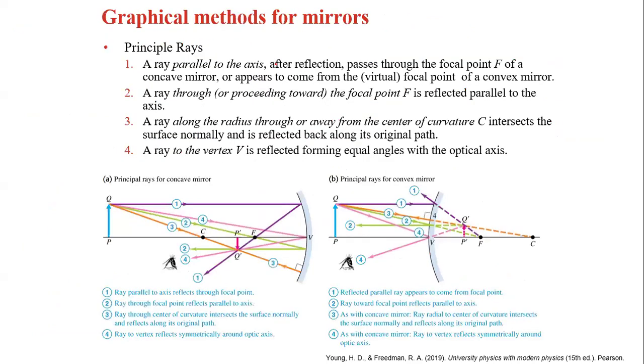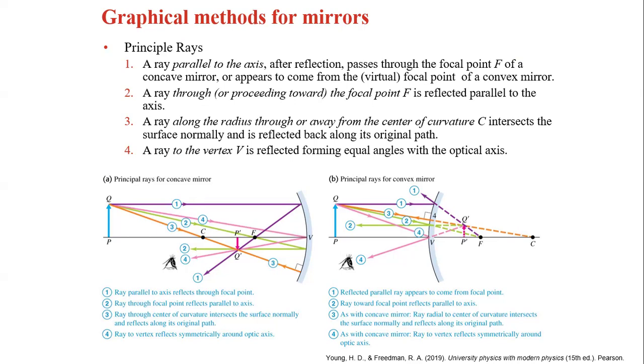Aside from this one, there are actually graphical methods for mirrors. Again, we have the convex mirrors and the concave mirrors. There is a graphical method to determine the location of the images and the orientation of the image.